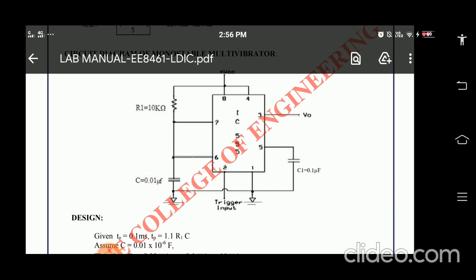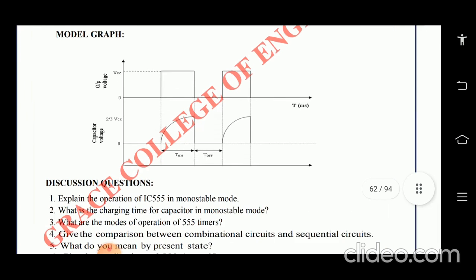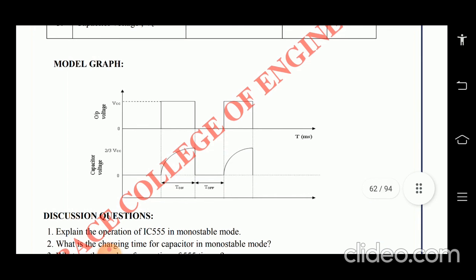At pin 3 the output waveform will be observed with the help of our CRO, and at pin 6 we get our capacitor voltage with the help of our CRO. We need to plot VO, VC, and also the trigger pulse in our graph as per the model graph like this. Okay, so this is what we need to do for this experiment.